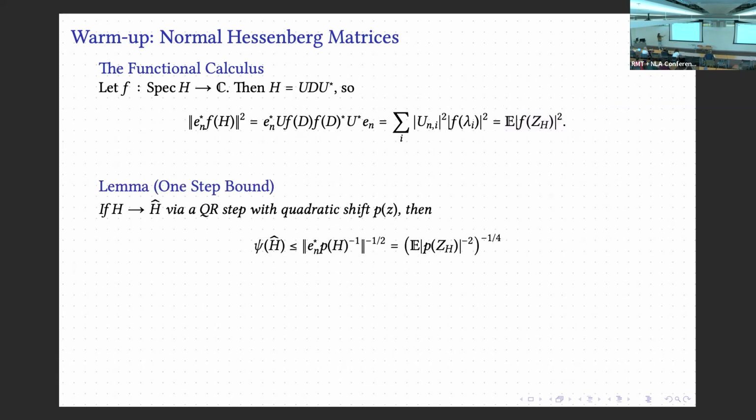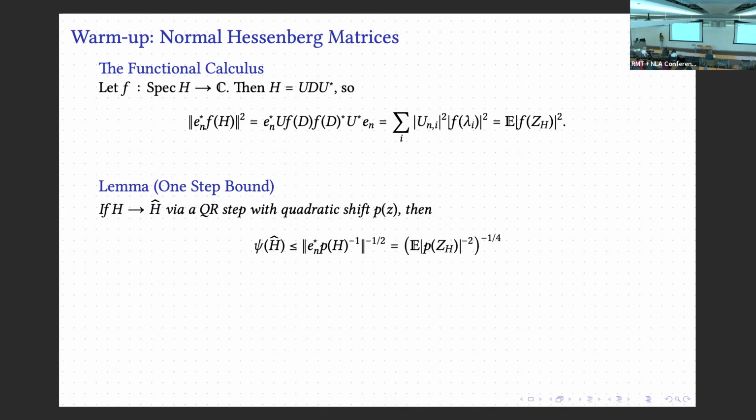Okay, so the final feature that we need here is that we need to understand how the potential, this geometric mean of the bottom two right-hand entries, changes when you apply a QR step using some shifting polynomial p. Right, so remember that this means you take h, you compute p of h, you compute its QR decomposition, and then you conjugate h by the q that you got.